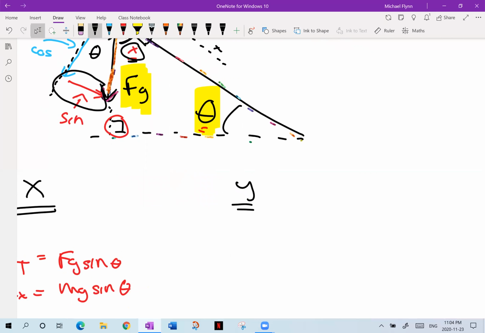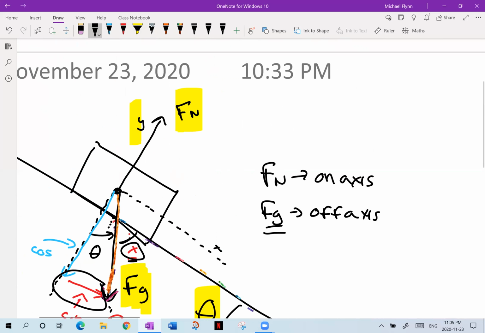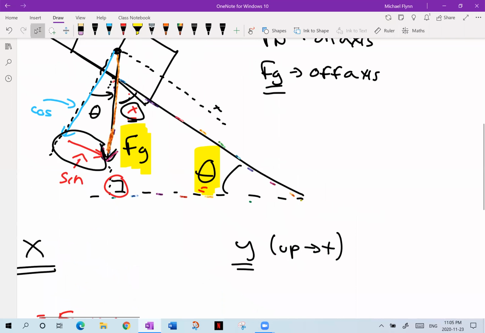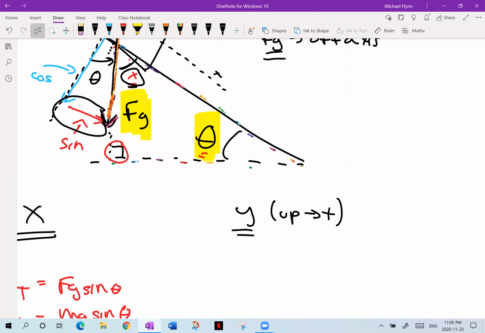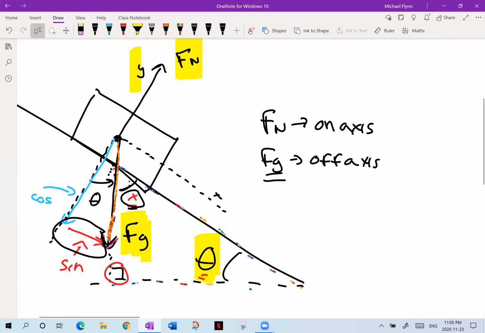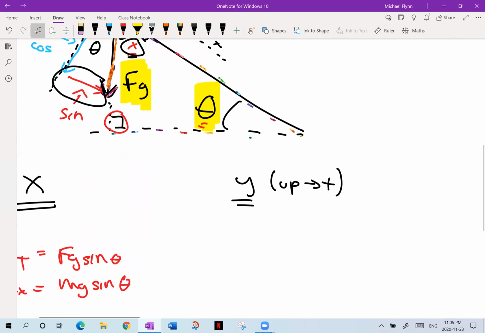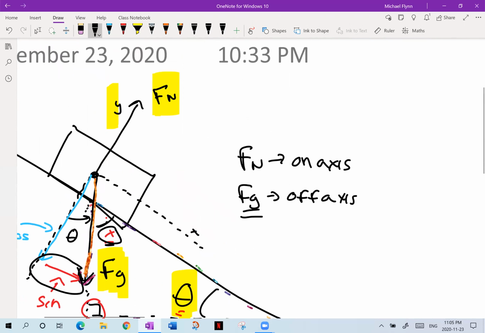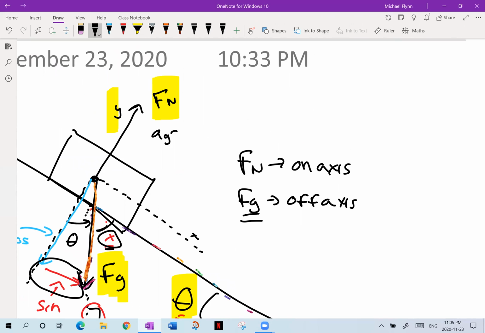And I'm going to treat sort of up and to the right as positive. Up is plus, not straight up, the y-axis, but up like so. The blue vector, in other words, is going to be negative, whereas the black normal force vector is going to be positive.